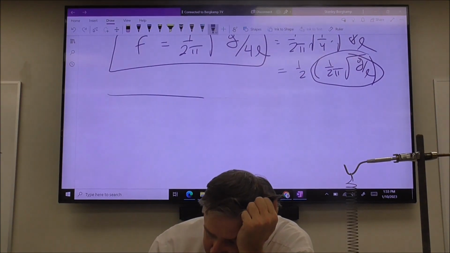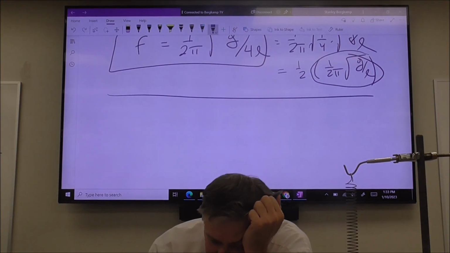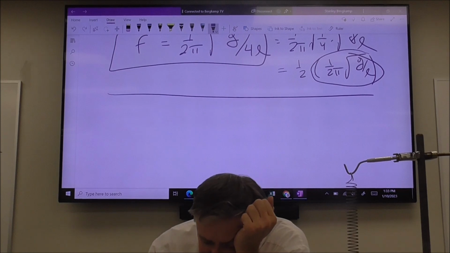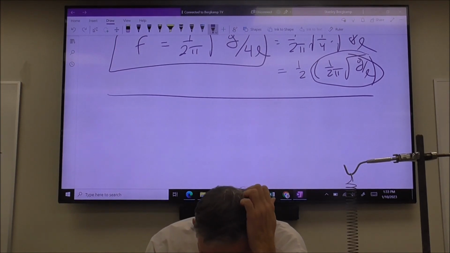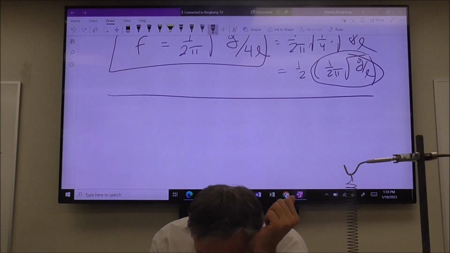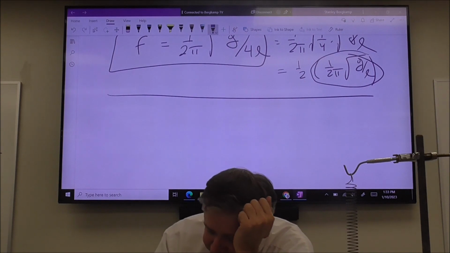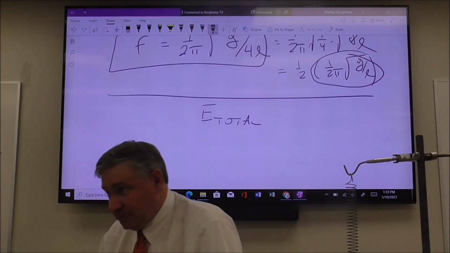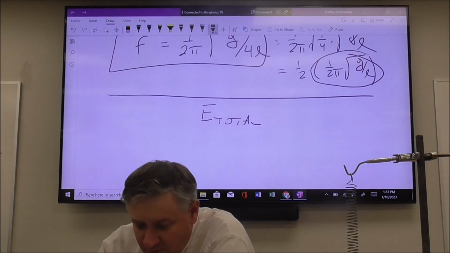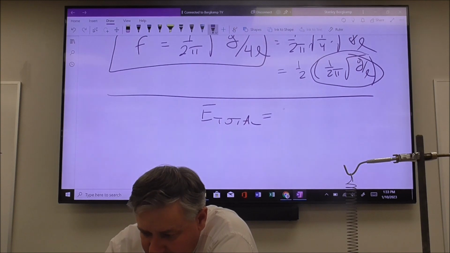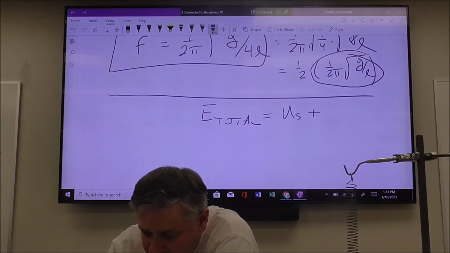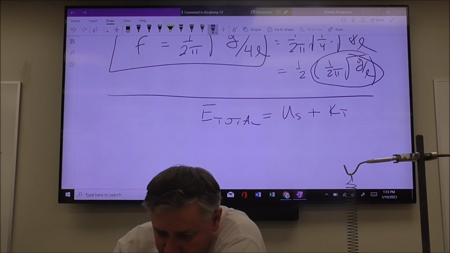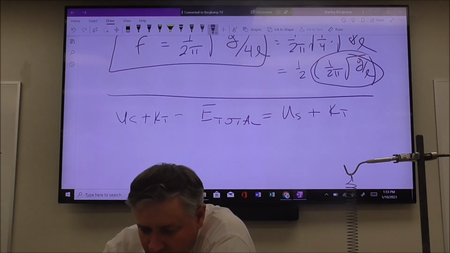So on number 2, if the speed of the mass past equilibrium is 10 centimeters, what's the amplitude of the mass oscillation? When you look at the total energy that can exist, that total energy is going to be the sum of Us and KE.